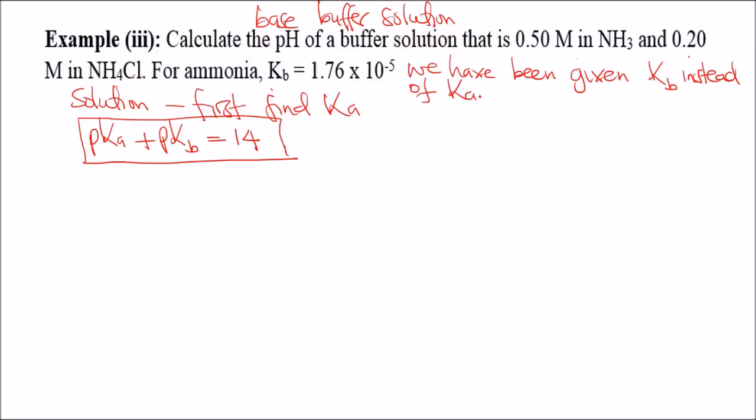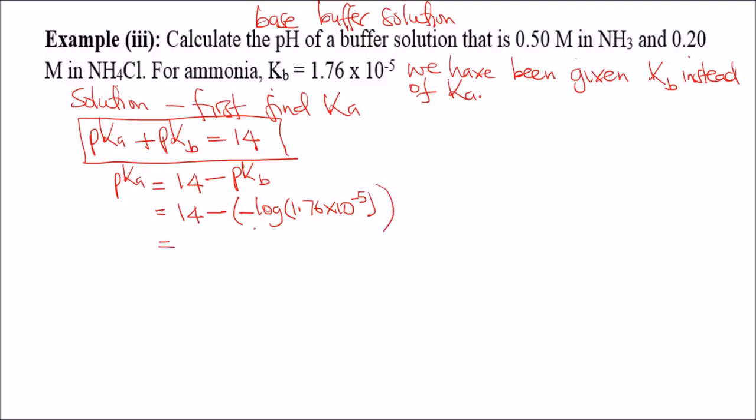Once we do that, we can say pKa is equal to 14 minus pKb, which gives us 14 minus, and the pKb is in parentheses here, minus log 1.76 times 10 to the power negative 5.